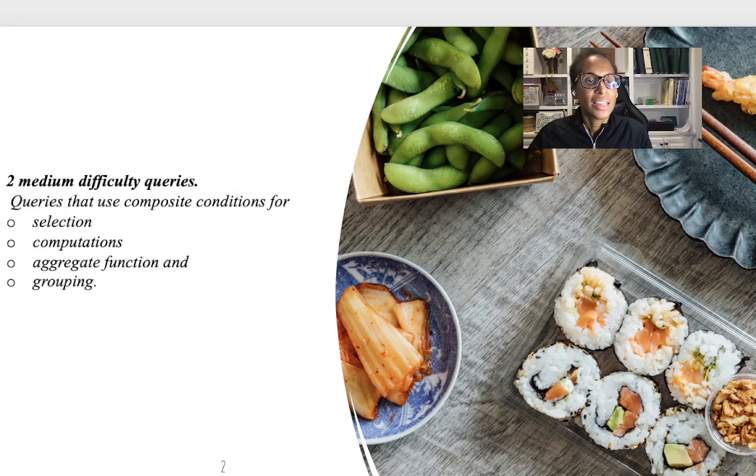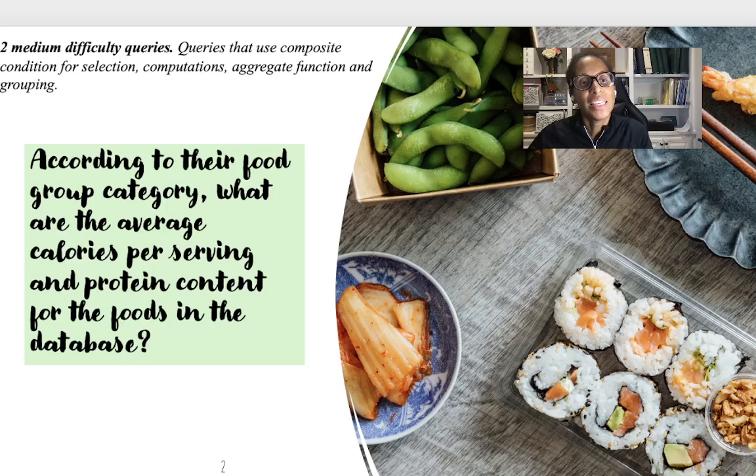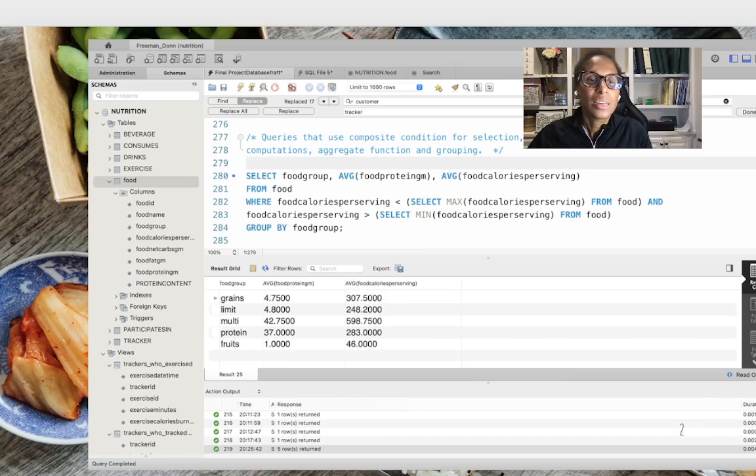Some medium difficulty questions involve calculations and grouping. A question that applies here is, according to the food group categories, what are the average calories per serving and protein content for the foods in the database? That was a little bit more complicated. We have functions like average, min, max, and group by.